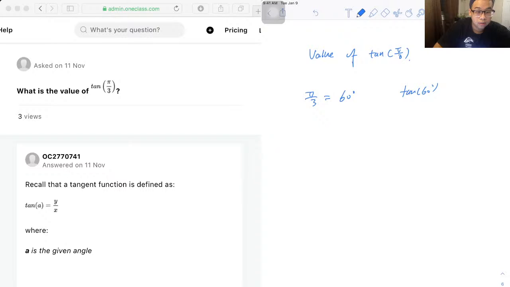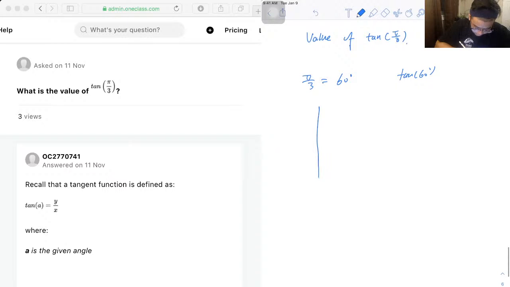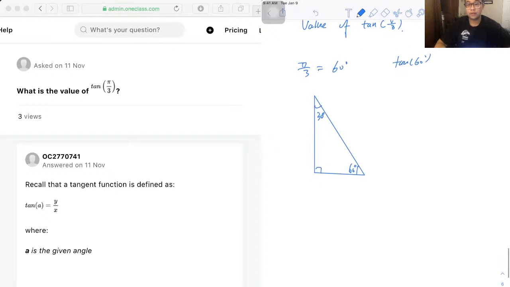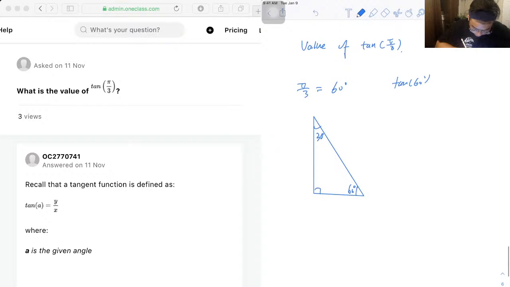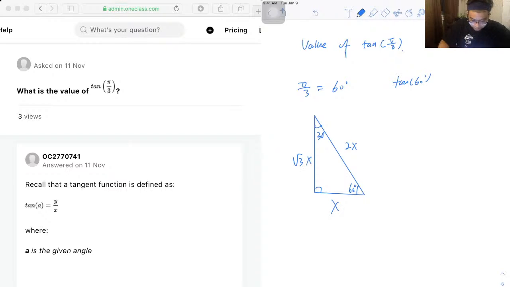Right. So let's draw a right triangle with 60 degrees. So that's 60, so that's 30. Following the property of the special triangle, that's 2x, that's x, and that's root 3 x.